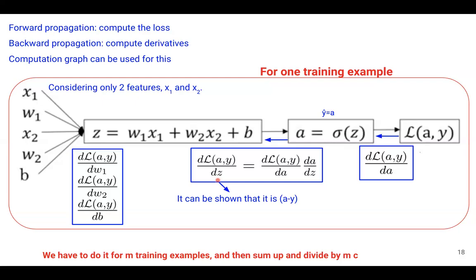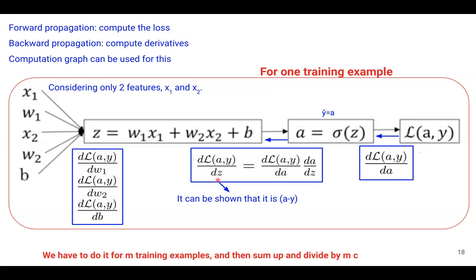Once you have your features x1, x2, and accordingly w1, w2, and b, the computation of z is just w1 x1 plus w2 x2 plus b, or w transpose x plus b. Then you apply the activation on z, which is sigmoid in our case.